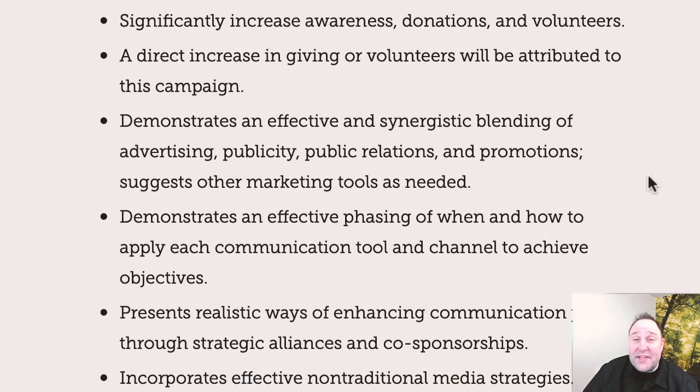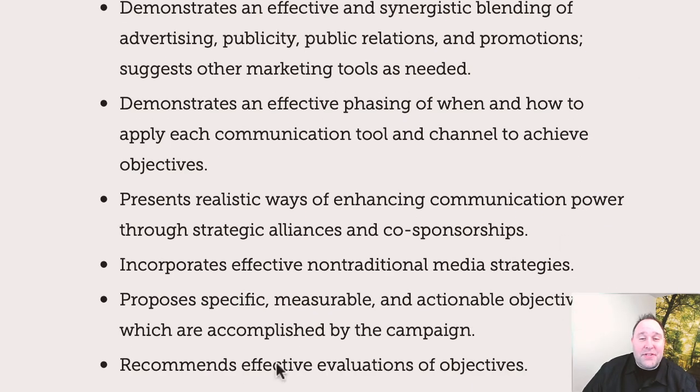So what mix of these things, or what specific parts of these things do you think you can be most successful with? Remember, the more specific you are here, the better. The specific, measurable, and actionable objectives are one of the most important parts of this section.